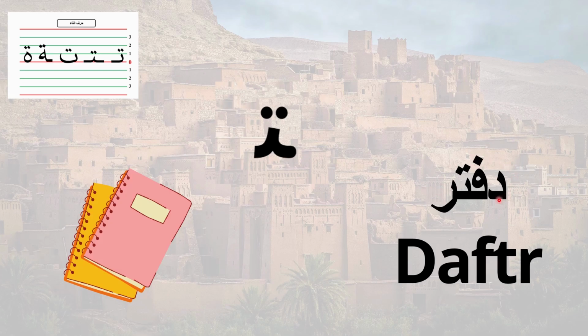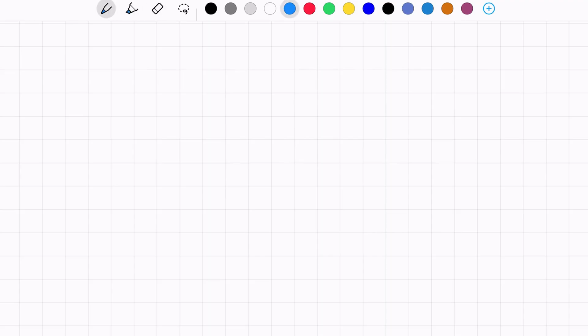And this is the word daftar. As you can see here, we have the letter in the middle. It is connected to حرف الفاء, the letter F, and حرف الراء, the letter R. Daftar means notebook. Let's practice writing the word. And this is how we would write the word notebook.